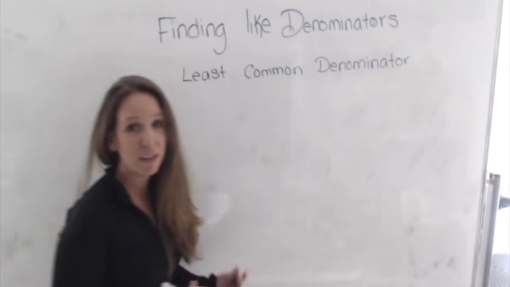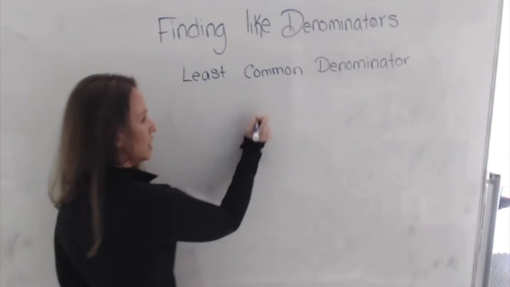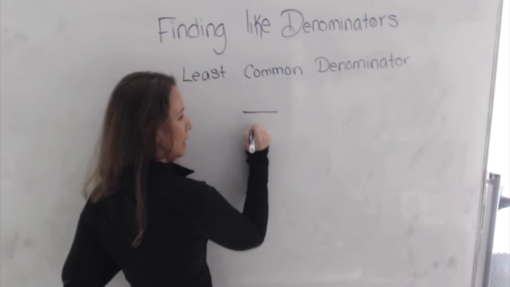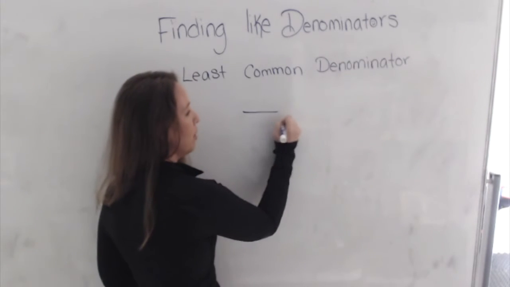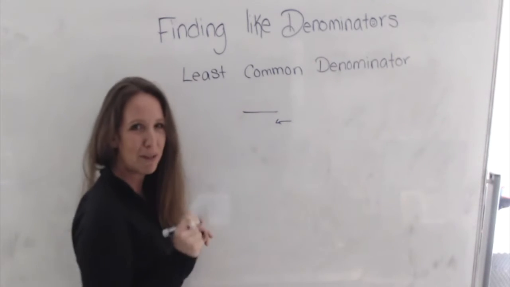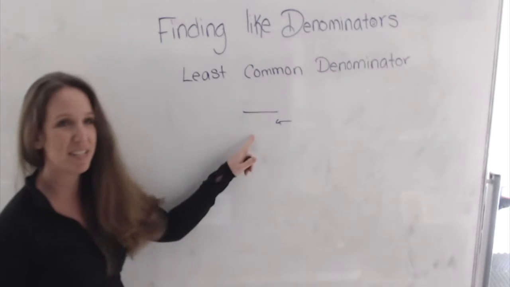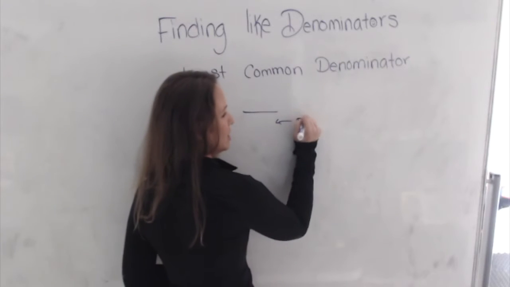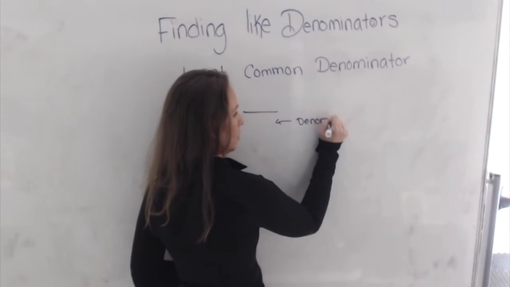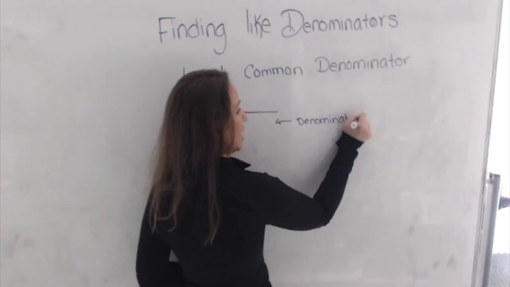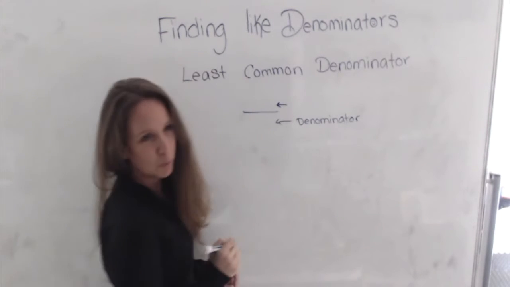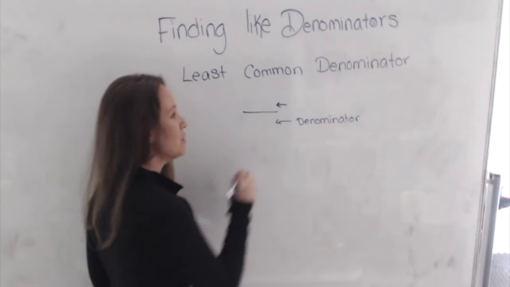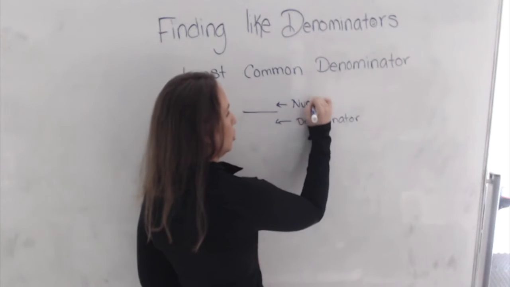Now, if you don't know what a denominator is, the denominator is the bottom part of the fraction. Think about this: denominator starts with D, just like down. And the top, we're not working with that right now, but just so you know, it's called the numerator.